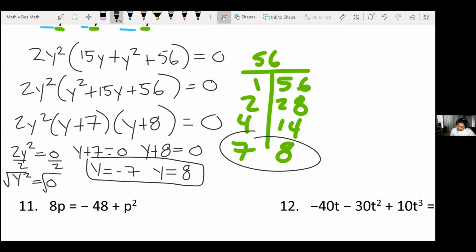The square root of y squared becomes y, and the square root of 0 is just 0. There you go. We will learn more square roots on the next page.